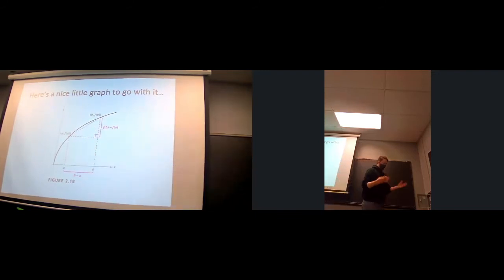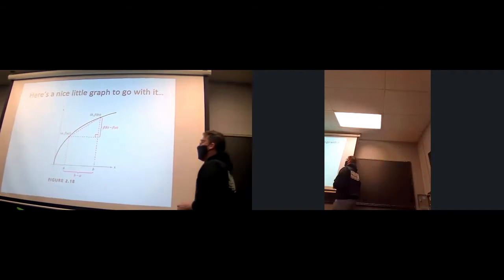And the difference quotient measures the average rate of change of our function between x equal to a and x equal to b. So the slope of this secant line is equal to the difference quotient, and that's going to be the average rate of change.